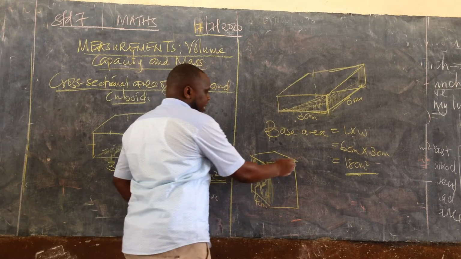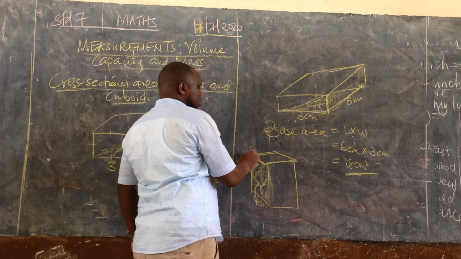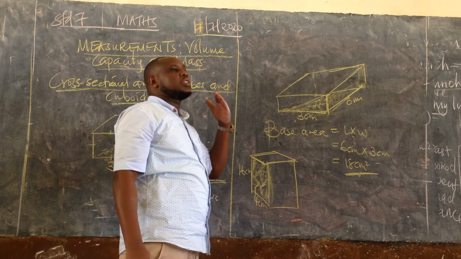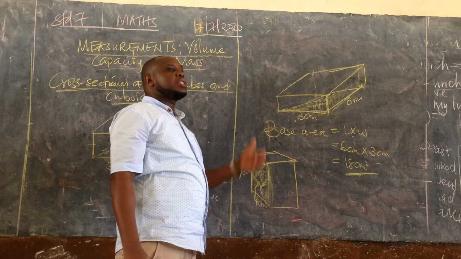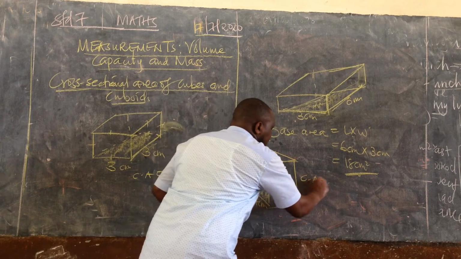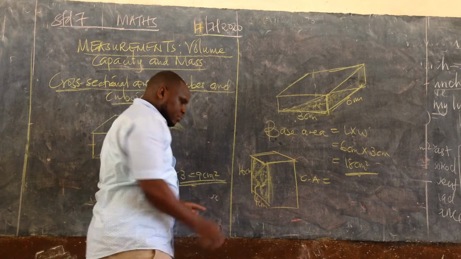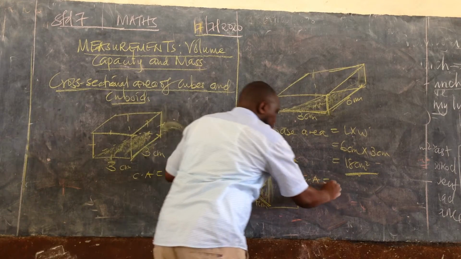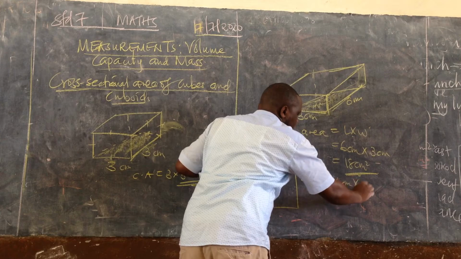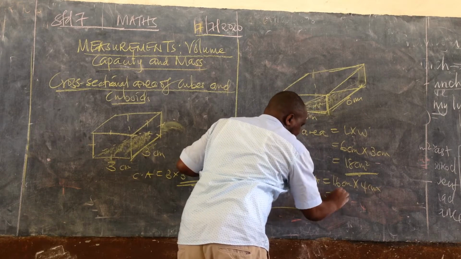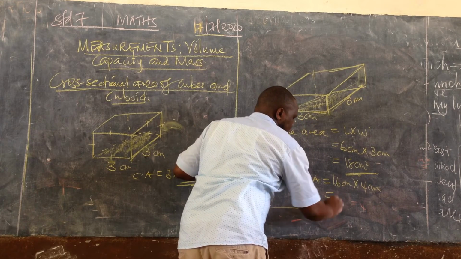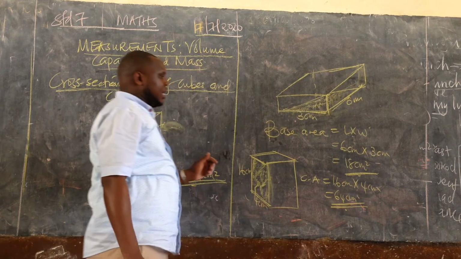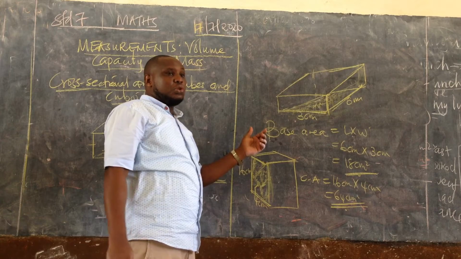The area that we have to calculate is on one side. That's how we talk about cross-sectional area. In this case it is simply the length times the width, 16 centimeters by 4 centimeters, which gives you 64 centimeters squared.